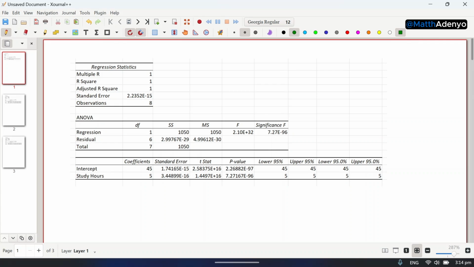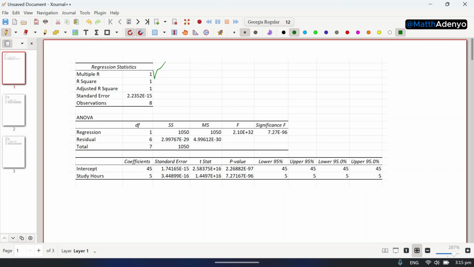Now, in our result, we will focus more on the last table, but let me just give a brief description of the first table. The first thing that we have over here is the multiple R. The multiple R here is the measure of the correlation between the dependent and the independent variable.